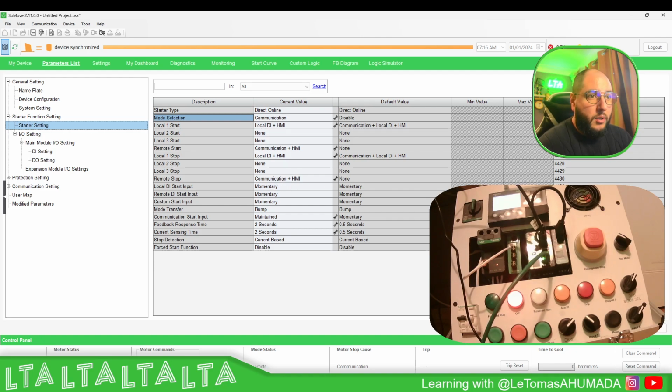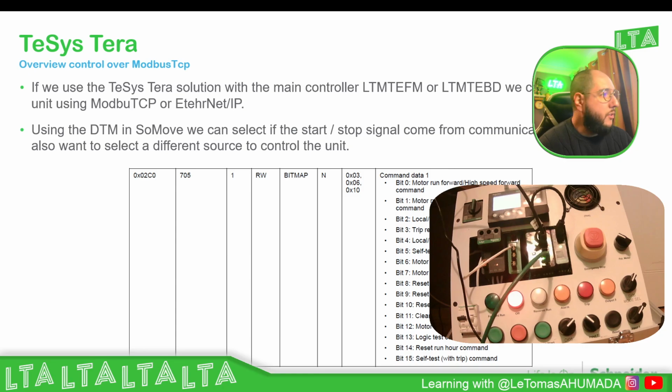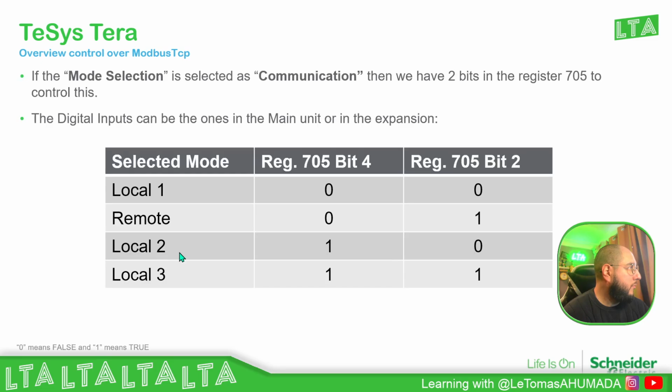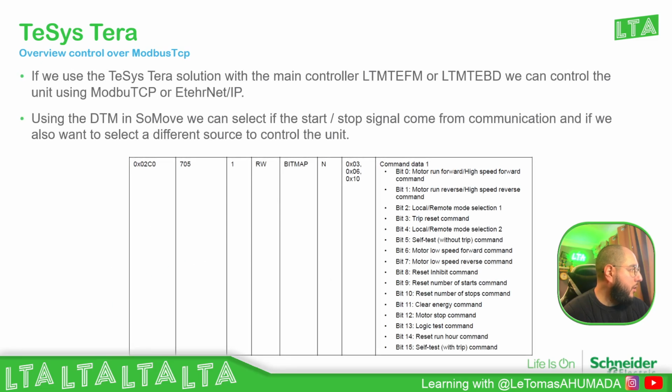If we open this, it's control word 705. So this is the control word on the TeSys Tera.